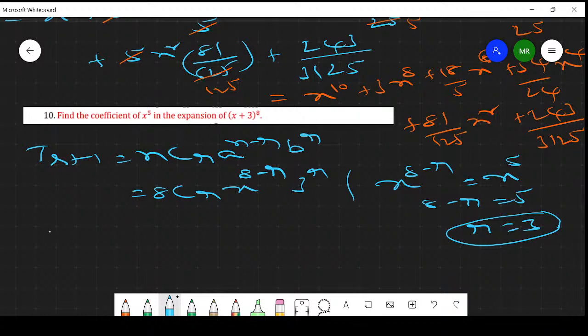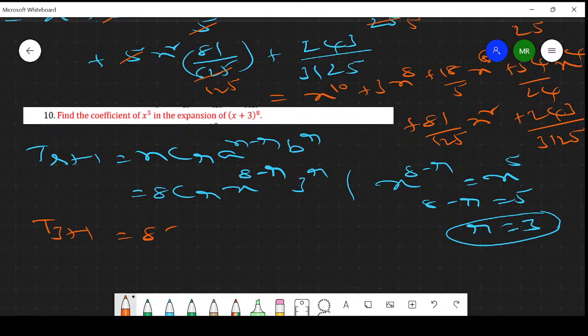Substitute r equal to 3 here. It comes T(3+1). Correct?